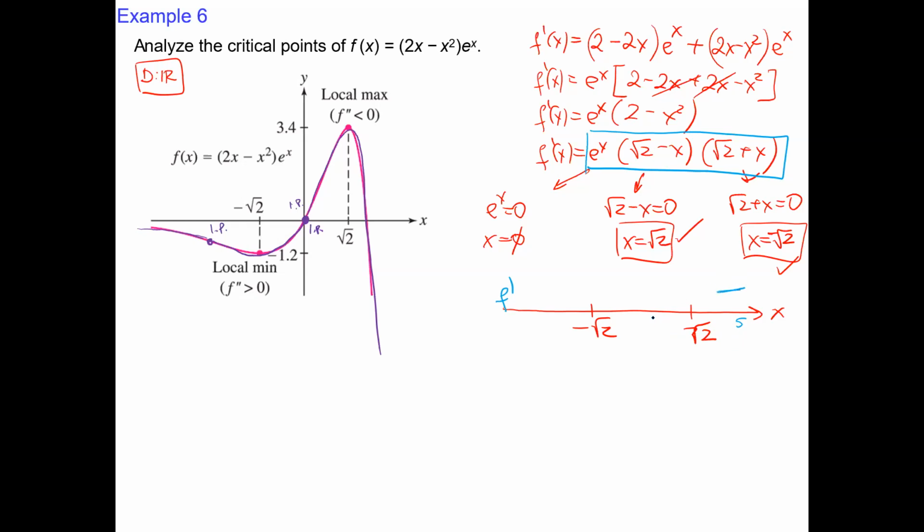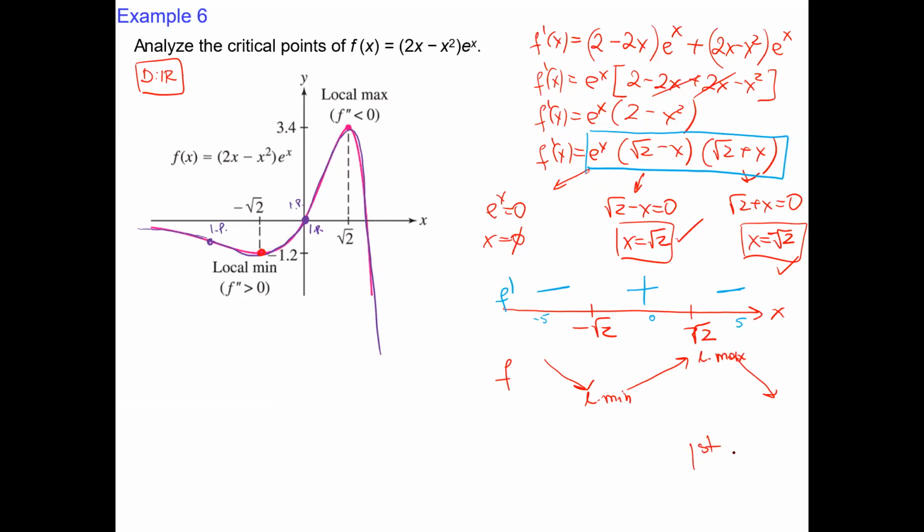Okay, negative sign. When I put 0, we will have square root of 2 times square root of 2, positive. And then when I do, let's say, negative 5, we will have the opposite: positive, negative, negative. And function is decreasing, increasing, decreasing. Local minimum, and we can see local minimum and local maximum.